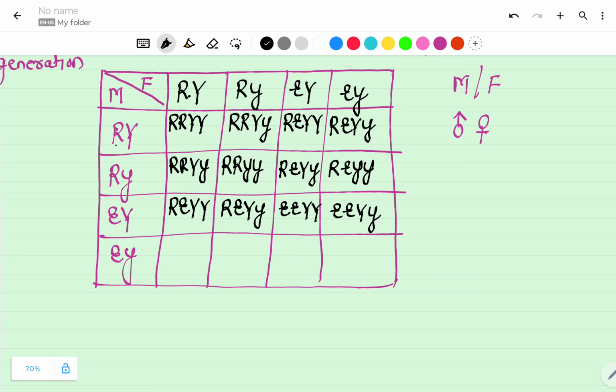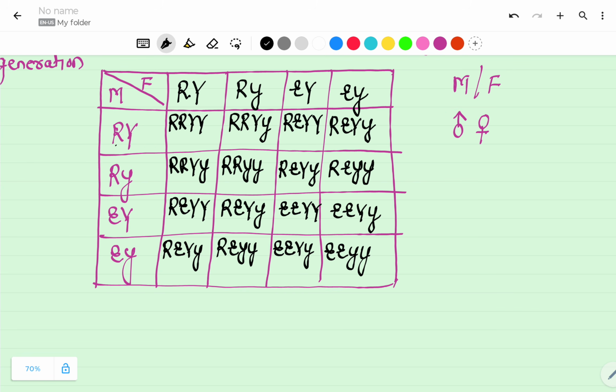Here again last capital R, small r, capital Y, small y. Here capital R, small r, capital Y, small y. Small r, capital Y, small y. Last small r, small y, small y.